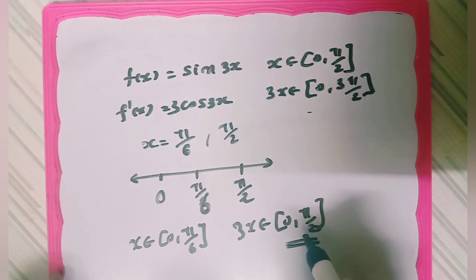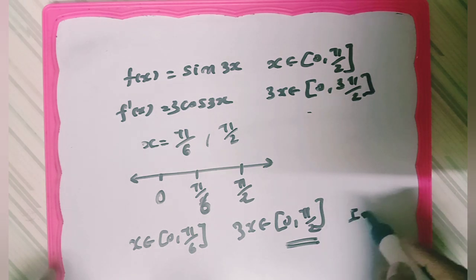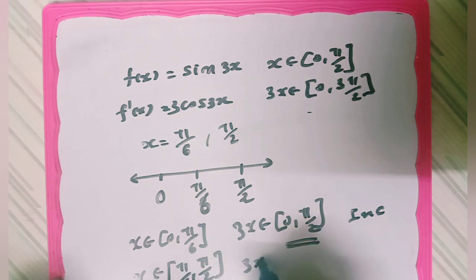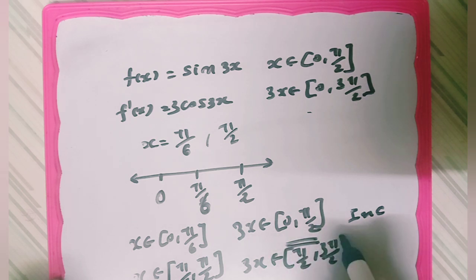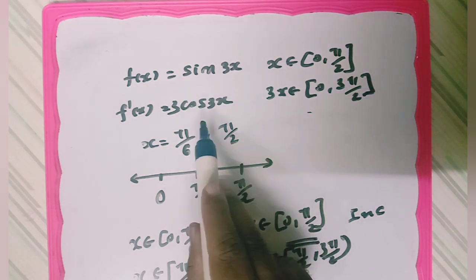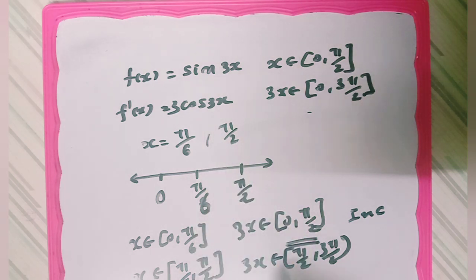In the first quadrant, cos 3x is a positive function, and so it is increasing. While x belongs to pi by 6 to pi by 2, then 3x belongs to pi by 2 to 3 pi by 2. In the second and third quadrants cos is a negative function, and so f is decreasing in this interval.